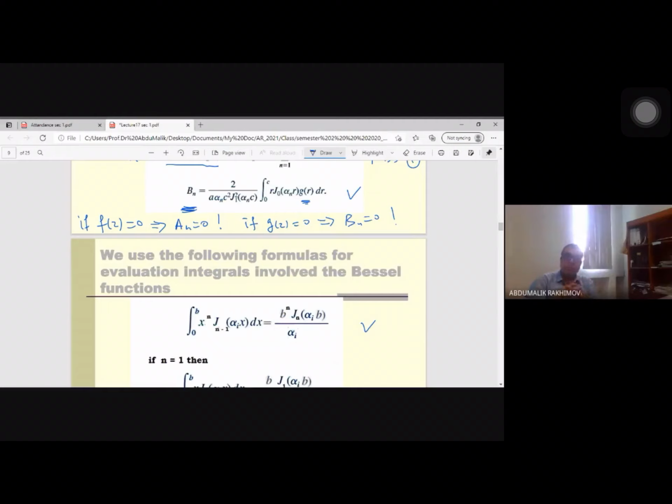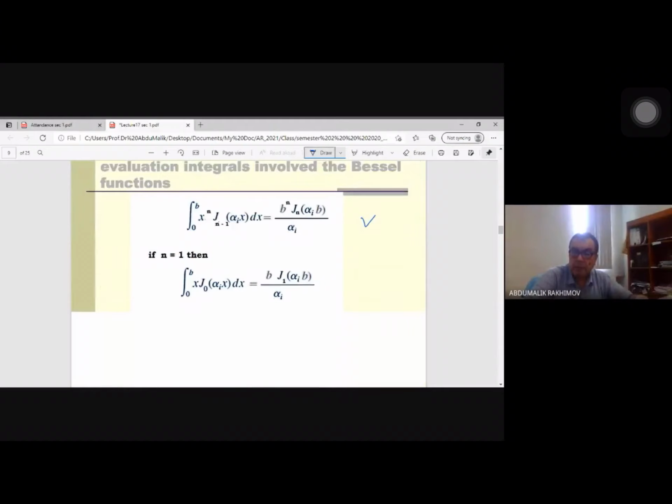As I told you in the class about Bessel functions, there are many formulas for integration and differentiation of Bessel functions. It is not our goal to study Bessel functions completely in this subject, but we can use some formulas. This is a formula for integration involving Bessel functions. Okay, let's go to exercise number 1.